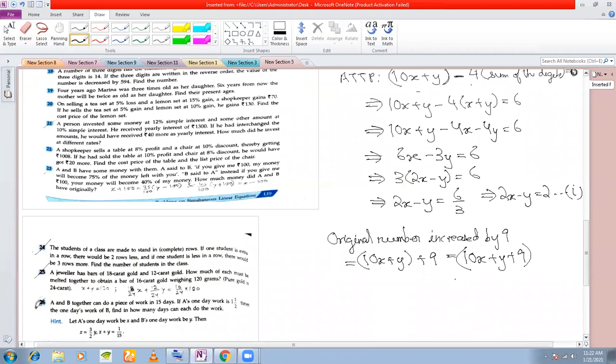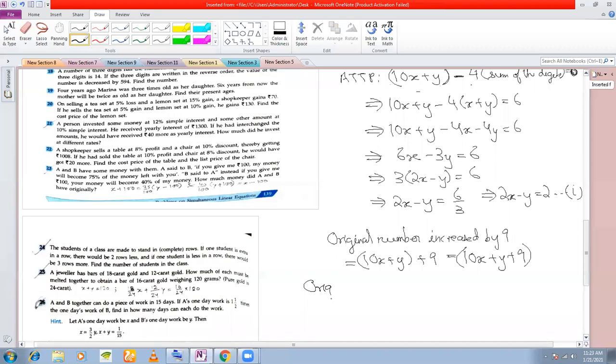If the original number is increased by 9 on reversing the digits, that means if you reverse the digits, the original number gets increased by 9. So let's see what is the number with digits reversed.